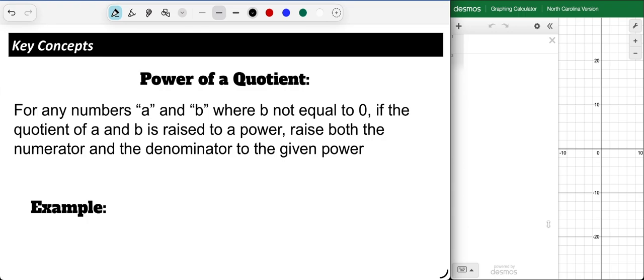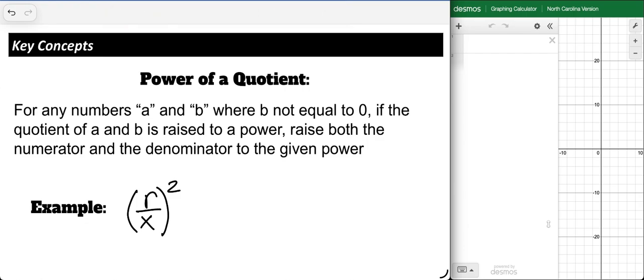Okay. So to give you an example of what it could possibly look like, let's say we have, in parentheses, r over x. Now that is inside of parentheses, and we're going to raise that to, let's say, 2. What that's saying is I have to take this 2 and attach it to this r, and take that same 2 and attach it to that x.